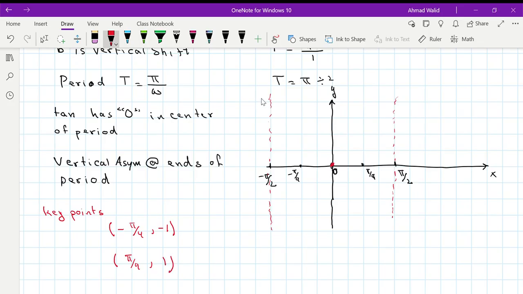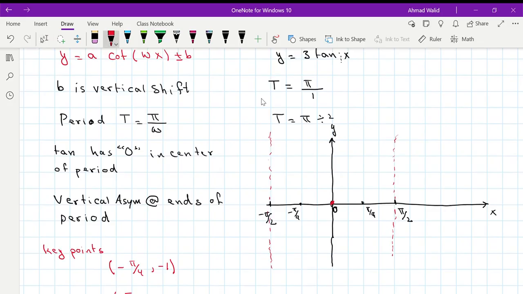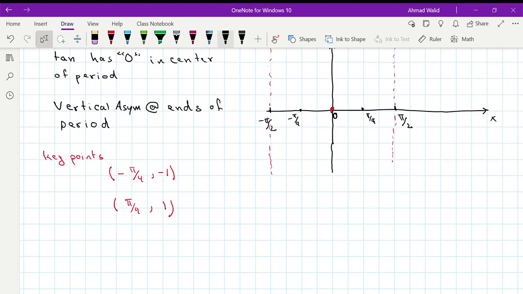Now, how did we deal with this when we were dealing with sine and cosine? We multiply our key points by this number, A, which is 3 here. If I multiply the output by 3, then my key points become negative pi over 4 and negative 3, and pi over 4 and 3.